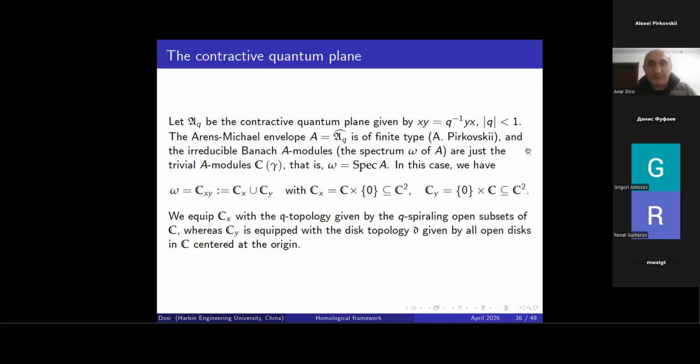Let me say a few words about an example, because otherwise it's not interesting. Let's see a concrete example concerning the contractive quantum plane. So the first example, let's look at this Arens-Michael envelope. We know this algebra is of finite type.